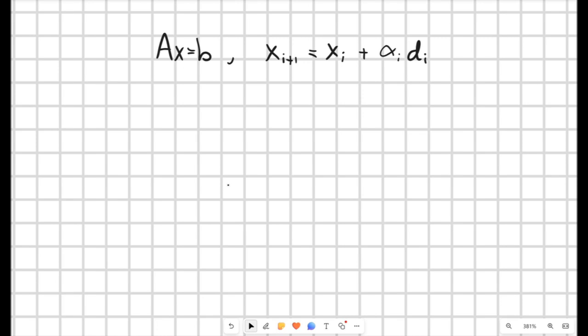What we did in the previous video is we derived an optimal solution for this constant alpha i. And we said that with these search directions, we have freedom, if you like, over what they can be.